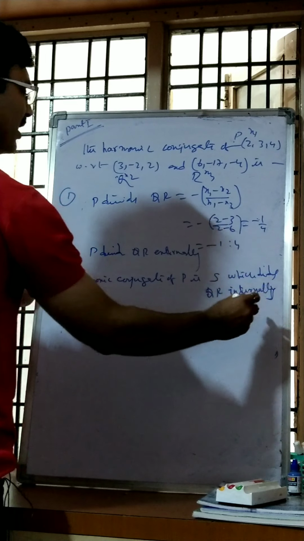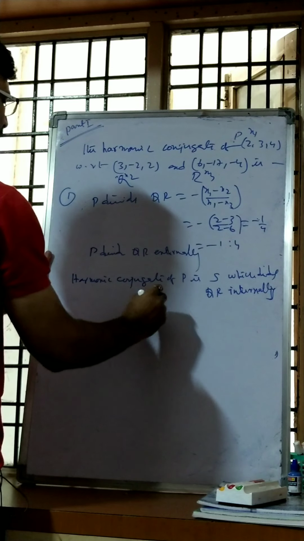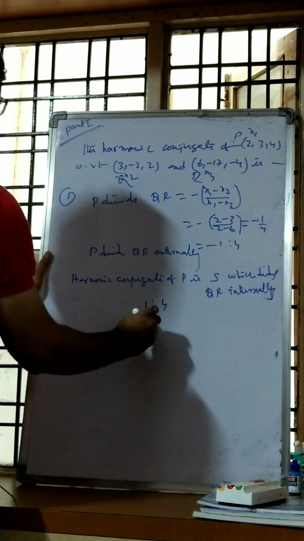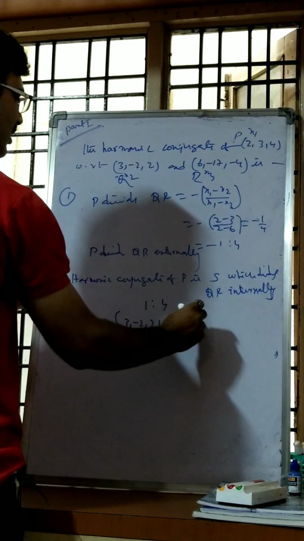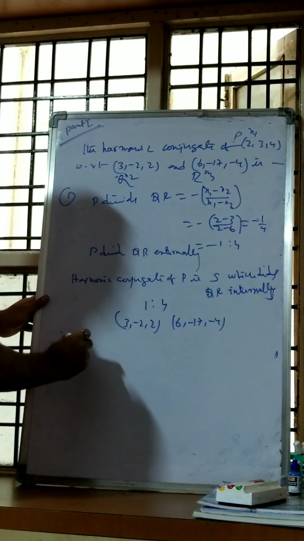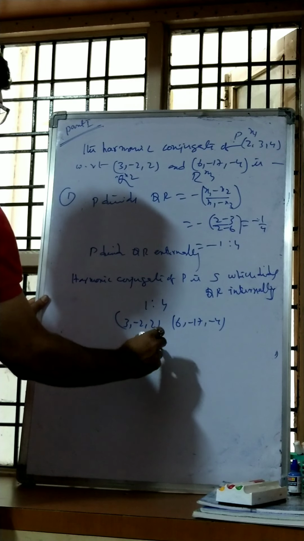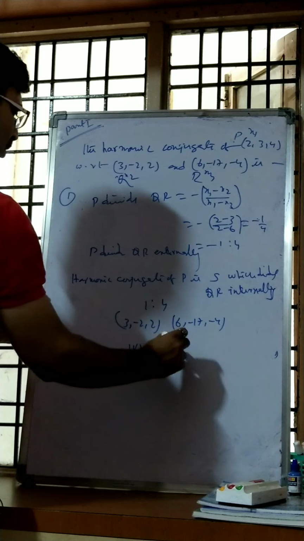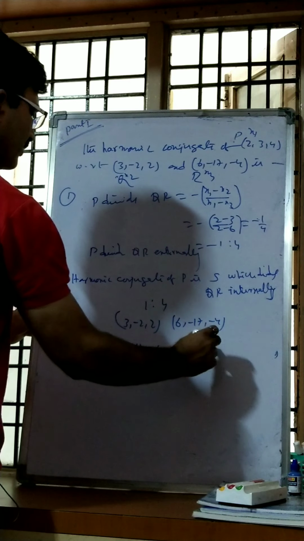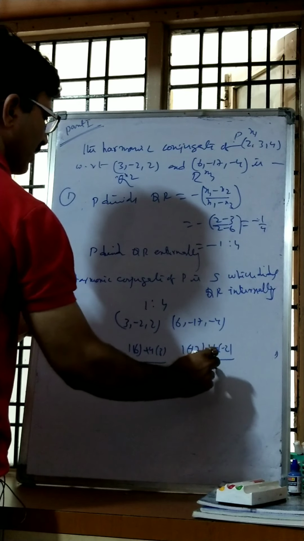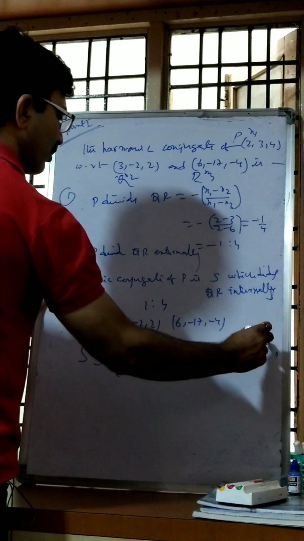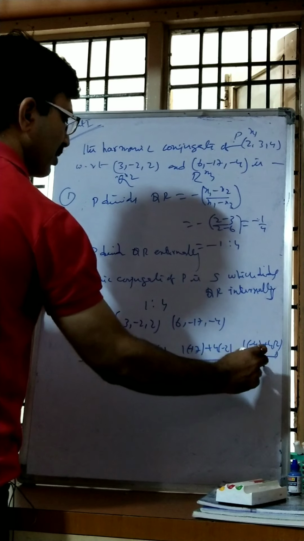If it is internal, then you can say 1:4, 3, minus 2, 2 and 6, minus 17, minus 4 you take, and you get S here. 1 into 6 plus 3 divided by 1 plus 4, 1 into minus 17 plus 4 into minus 2 divided by 1 plus 4, 1 into minus 4 plus 4 into 2 divided by 1 plus 4.